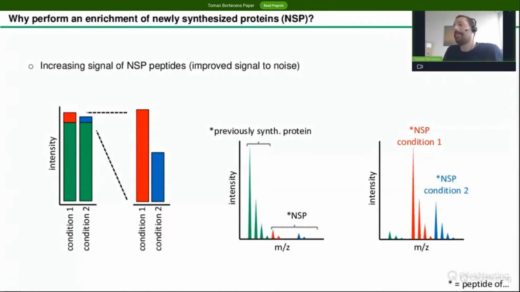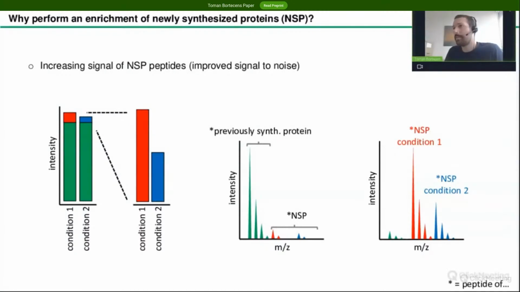Through this enrichment, we are able to essentially increase the signal of the newly synthesized proteins and effectively improve the signal-to-noise ratio of the analyte we're interested in, which in this case is the peptides coming from the NSPs.